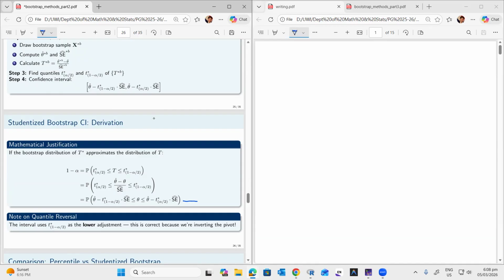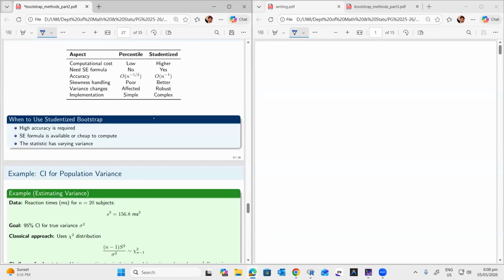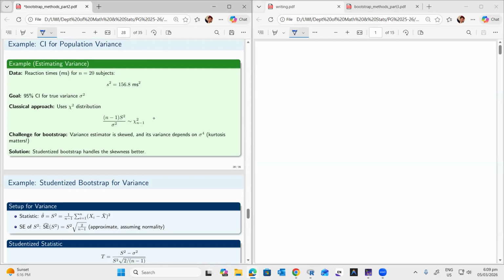error. Okay, so now we took the example yesterday that we have n equals 20 samples, and the s square, the estimated standard deviation, was given by 156.8, and we use the chi-square distribution in such a manner.